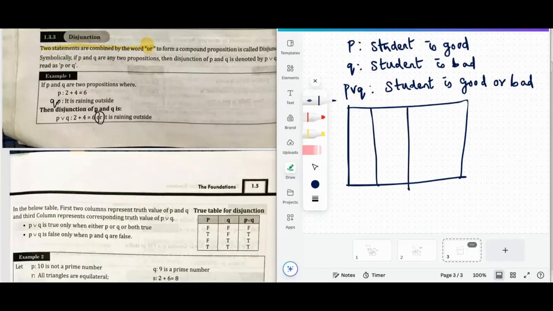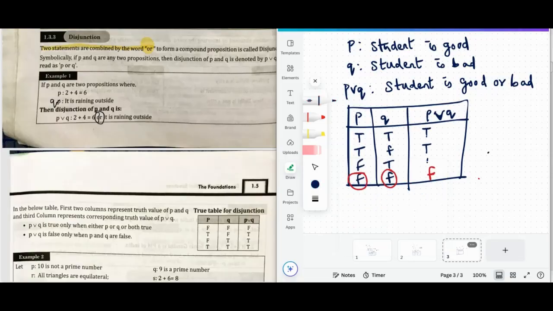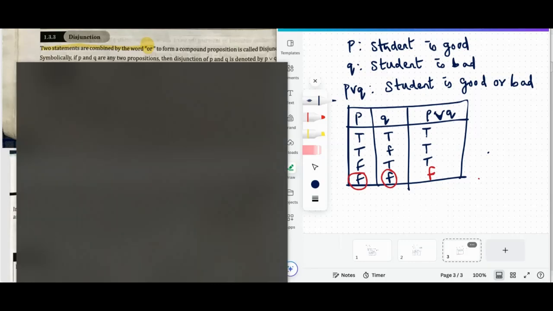We have P, Q, P or Q. Again T, T, F, F, and T, F, T, F. Whenever it is F and F for "or", it is F. Otherwise, the answer is true. So for disjunction, if it is false and false, it is false. Otherwise, it is true.